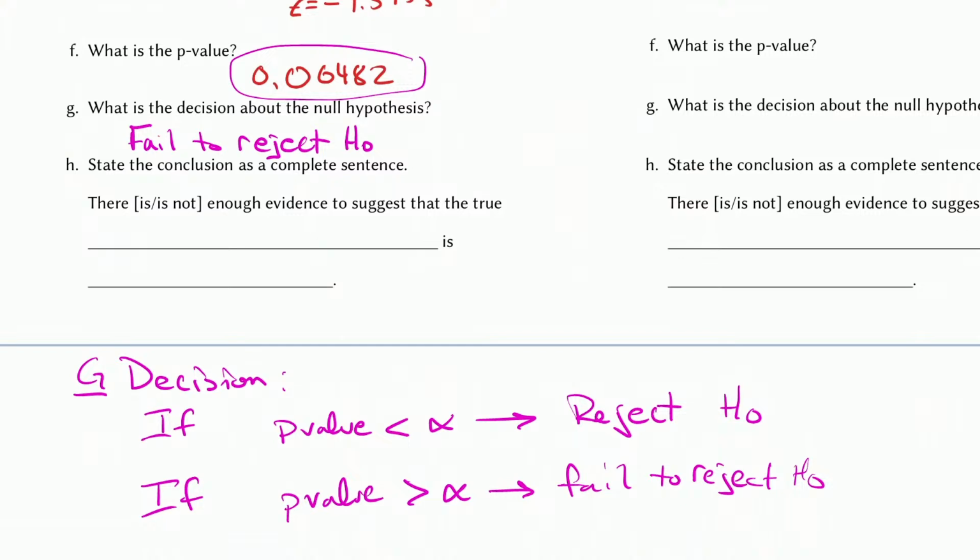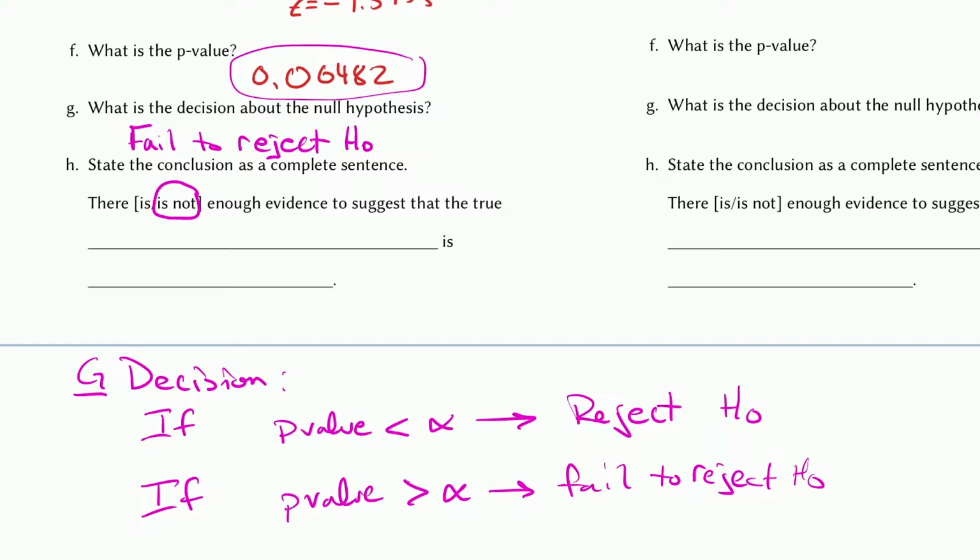Now, if you fail to reject the null hypothesis, you say that there is not enough evidence to support the alternative. Just like with your quiz on the confidence intervals, I'm not going to give you this sentence on the next quiz or on the test. But I want to give you the framework and remind you how to write your sentence.